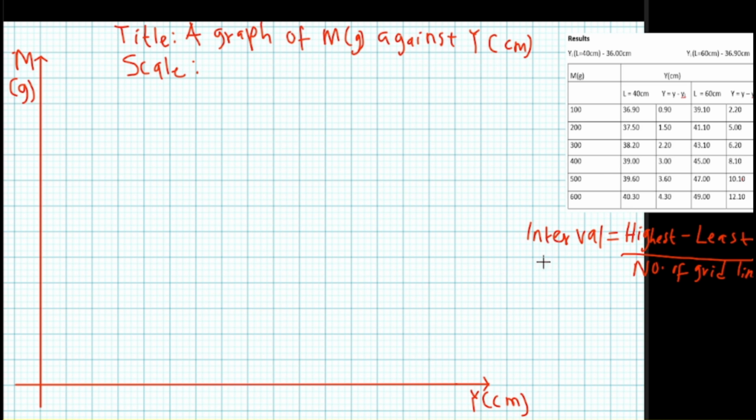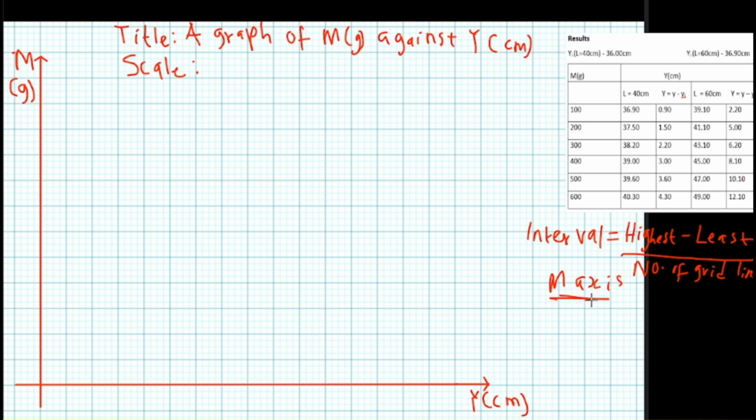Now, like I said, you're going to get scale for vertical and scale for horizontal. Our vertical is M axis, so let's try to get scale for M axis. You don't need to write this on your graph, you just do this on a separate rough sheet, which you can discard later. To get my scale, I get the interval first, using highest minus least divided by number of grid lines.